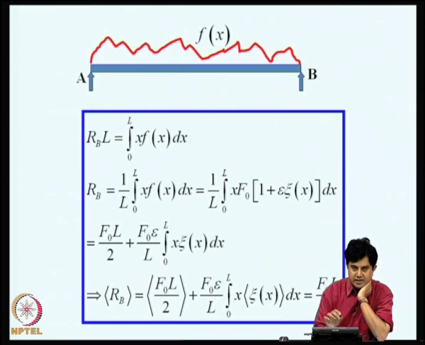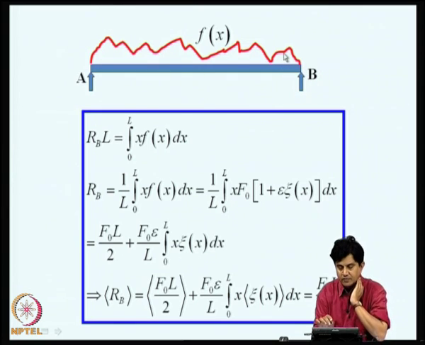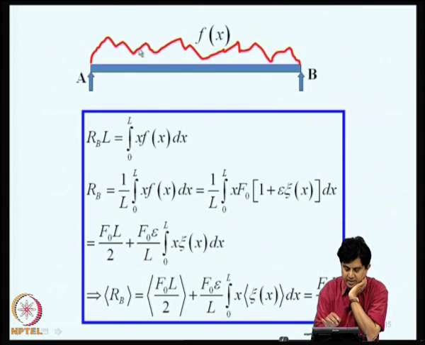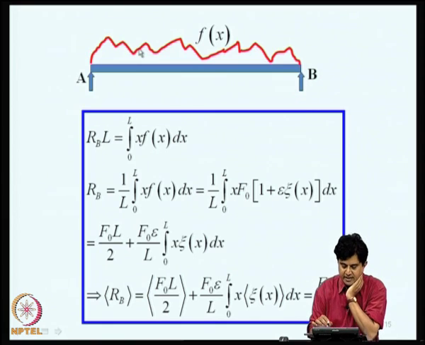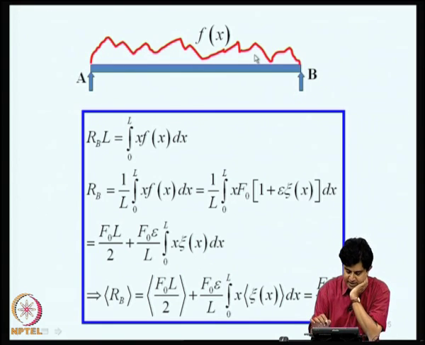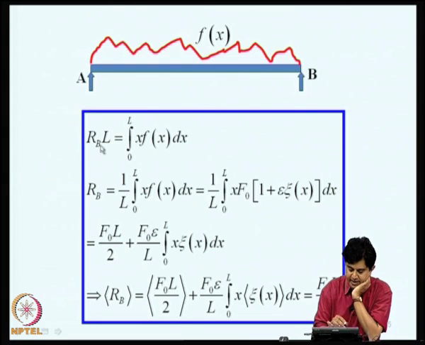So, we can begin by considering the reaction. This is the beam and this is the load. This is notionally shown. F of x is given to be a white noise. The white noise is not physically realizable, but this is schematically shown here. So, we take moments of forces about point A, and I get reaction B into L is the integral of f of x dx into x, that is the moment.